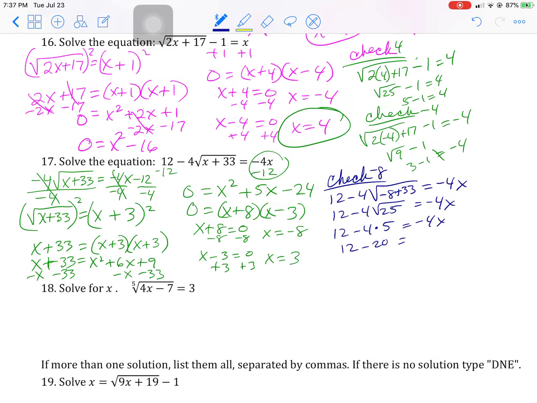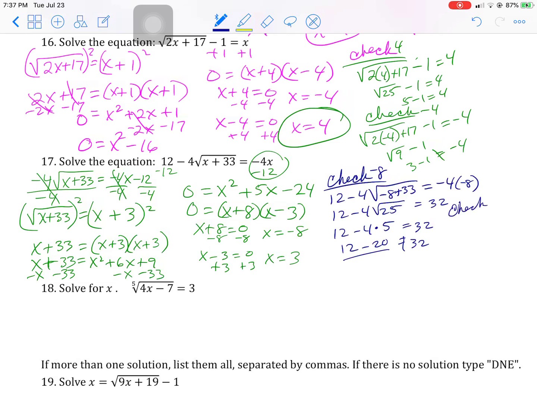Oops, you know what? I forgot to put in what's x. What is x here? X is a negative 8. Let me fix that. So that is a positive 32. There's no way this is going to equal a positive 32. So nope, that's not going to work.